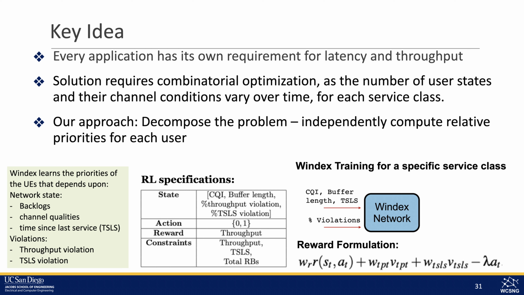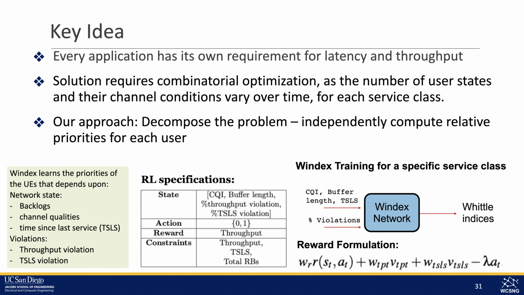So, our approach was basically to decompose the priorities for each of the users into individual problems, so that we take the number of UEs, get an index out of it, and simply schedule the one which has the highest index for that particular TTI.